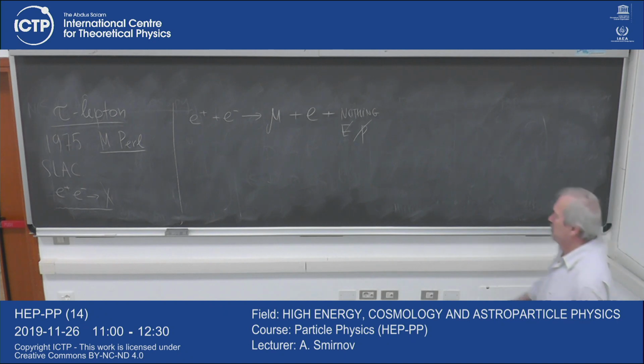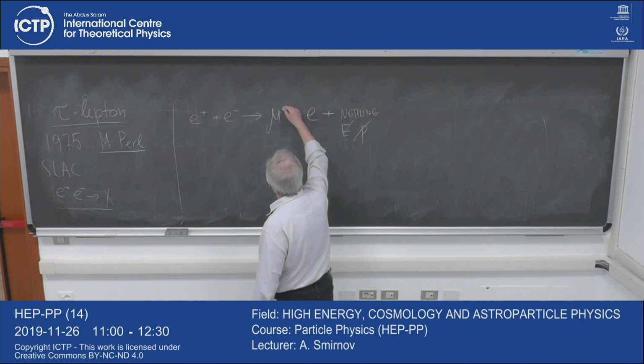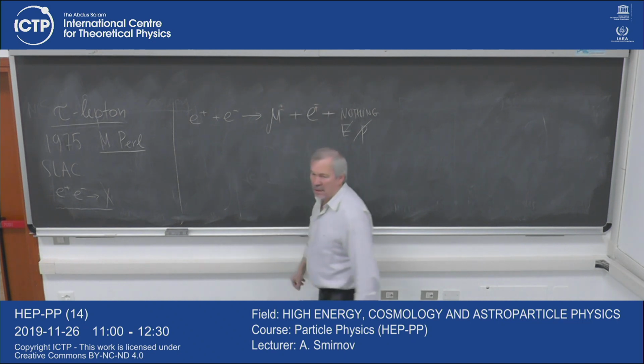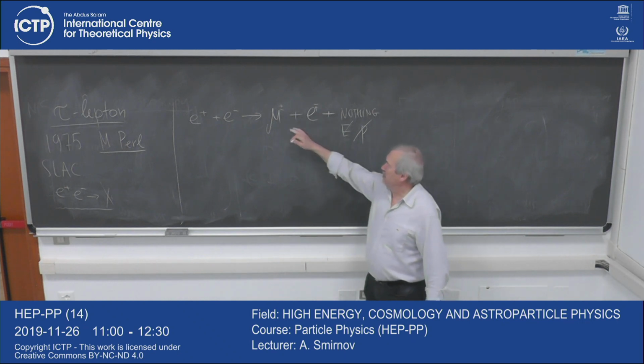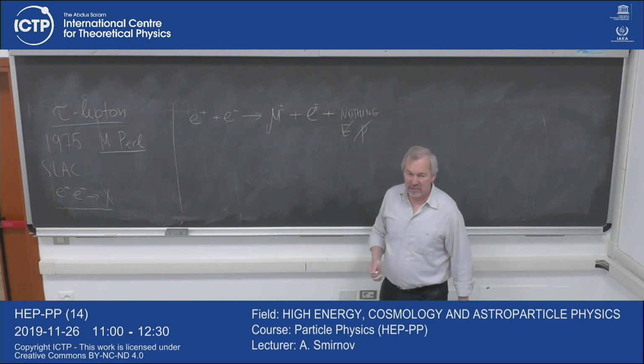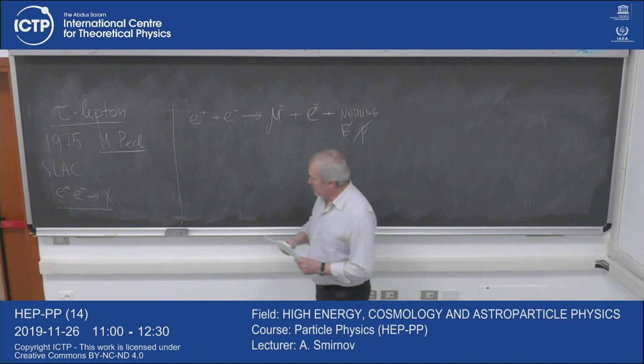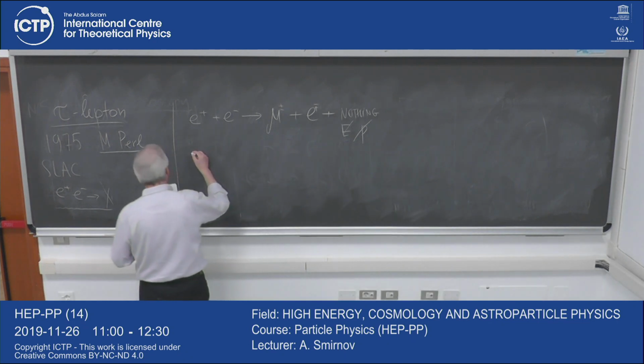So they observe events when you have mu+ and e-, or mu- and e+. They also observe events when you have mu+, mu-, and e+, e-. This is not surprising, you expect such events, but the first type is strange. It is strange because apparently you have violation of lepton number.